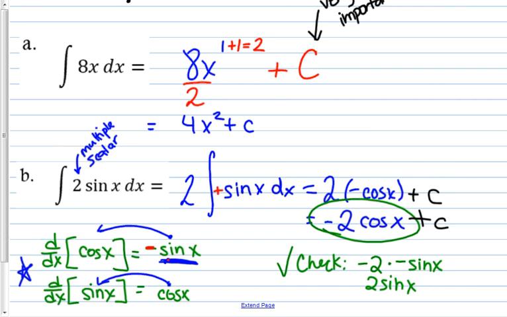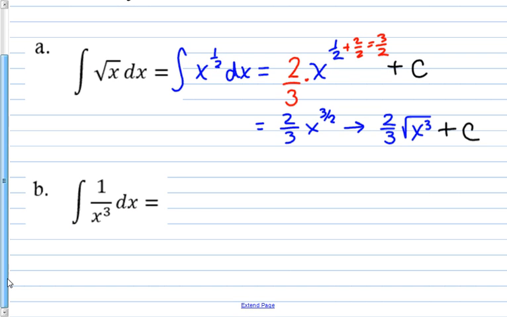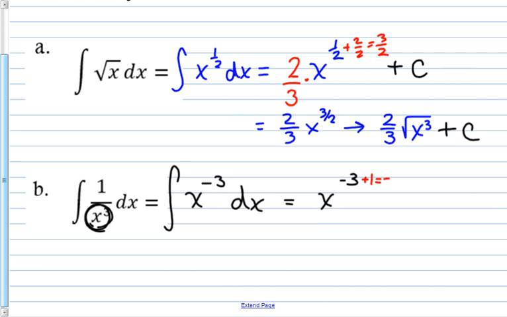Okay? Alright. B. Same thing. I'm going to rewrite. So this is x to the negative 3rd power. The negative tells me it's the exponent. Okay, so I rewrote that. So now I proceed. I have x to the negative 3rd power. I'm going to add 1, which makes it -2, and then divide by my new exponent, and then plus c, my constant of integration.